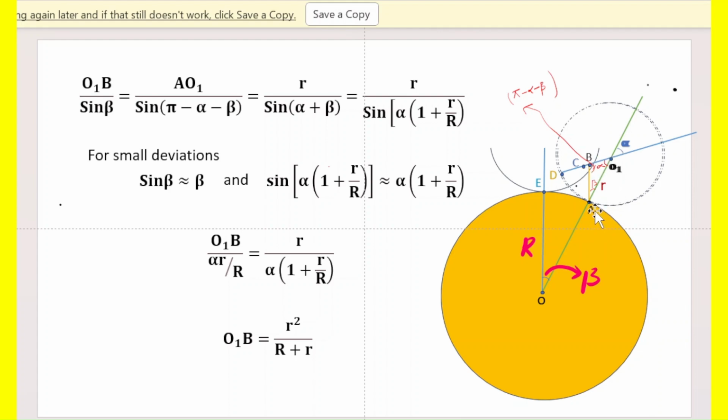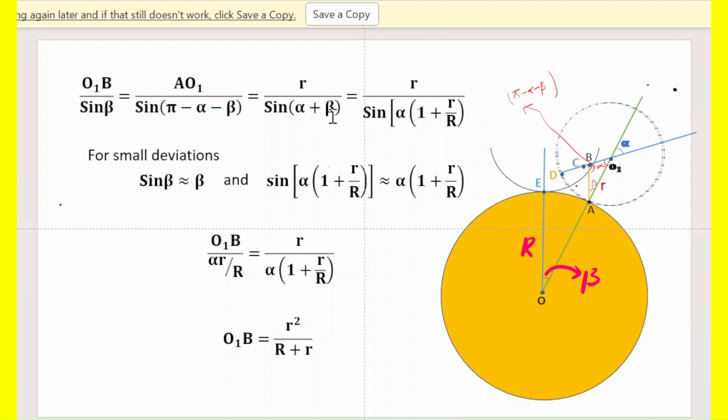But we know AO1 is R, and the angles are also unknown. Therefore, relating BO1 and AO1, we can write the sine rule. When we apply the sine law for this triangle ABO1, we will get it like this, isn't it?